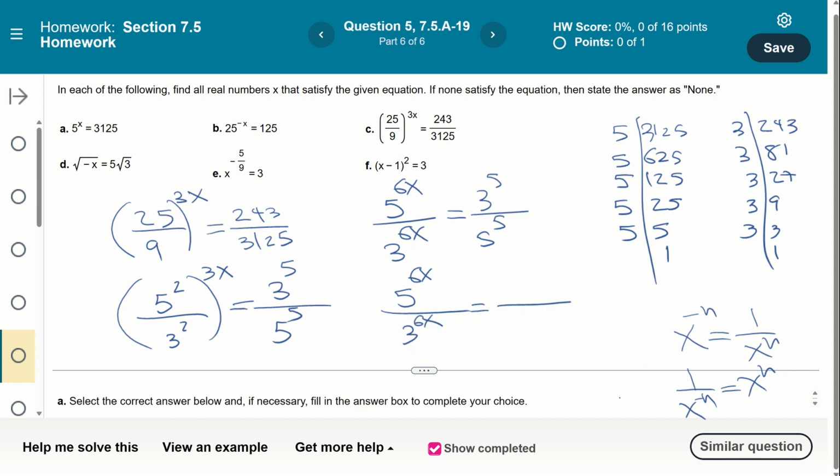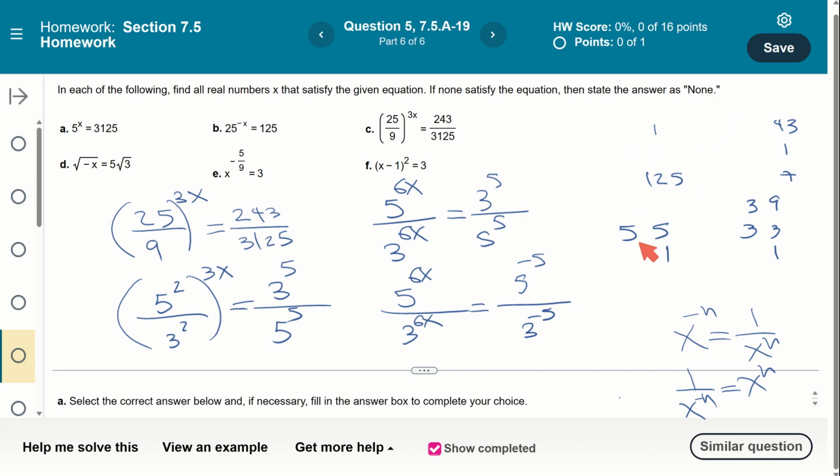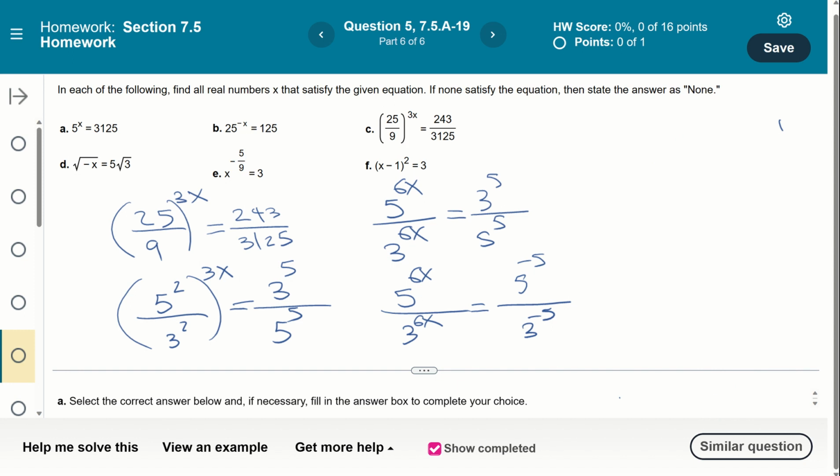So I can move the 3 to the 5 down below, it becomes 3 to the negative 5, and the 5 to the 5, I can move it to the top and it becomes 5 to the negative 5, right? So notice that I can now, let me erase these real quickly, write the left side as 5/3 to the power of 6x, and I can write the right side as 5/3 to the power of negative 5, right?